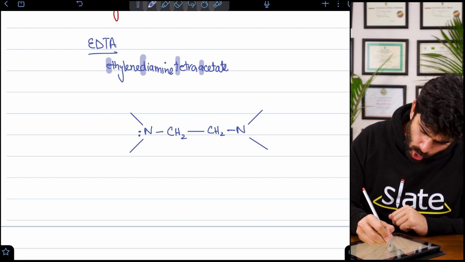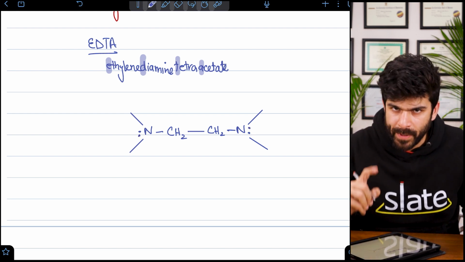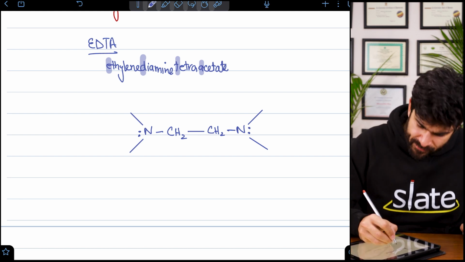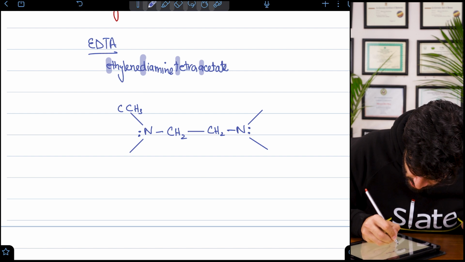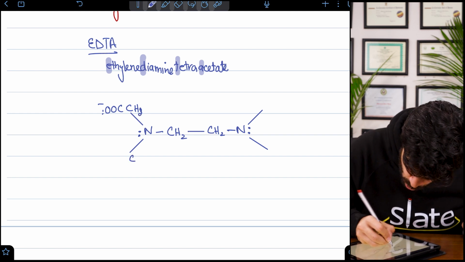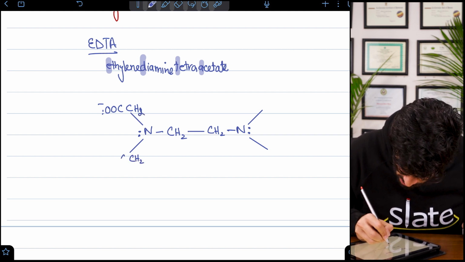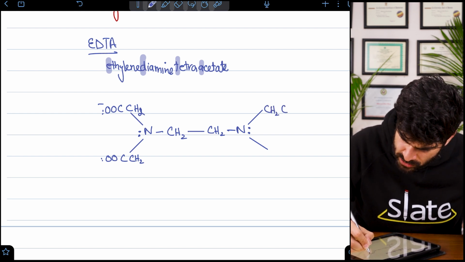Furthermore, N has its own lone pair, which we cannot forget. So 2 lone pairs for donation. But when we have acetate, this carbon is further linked to CH2COO, and this becomes CH2COO.